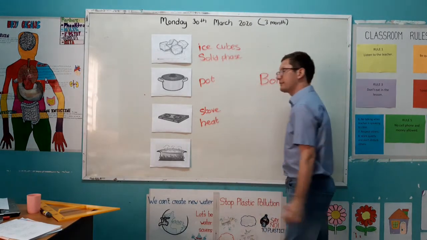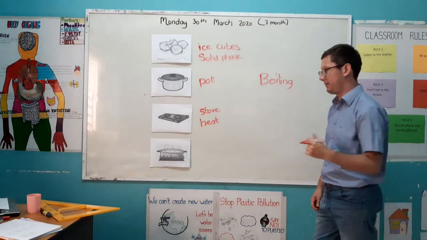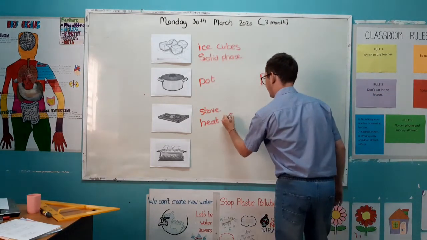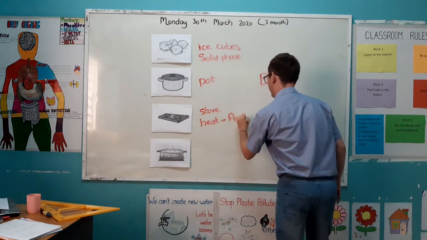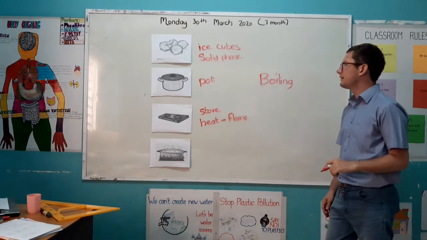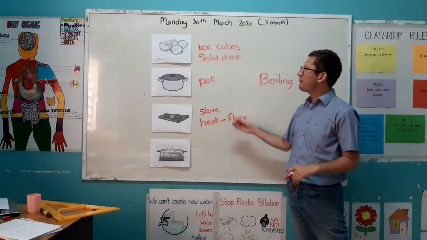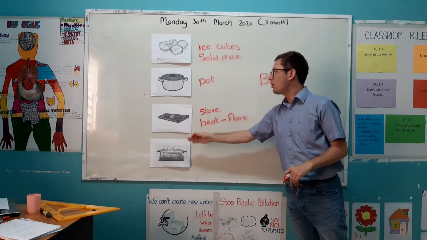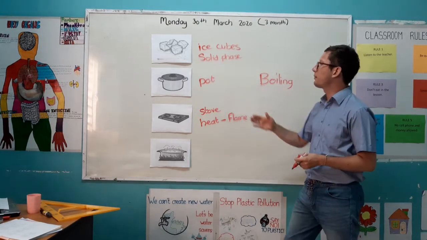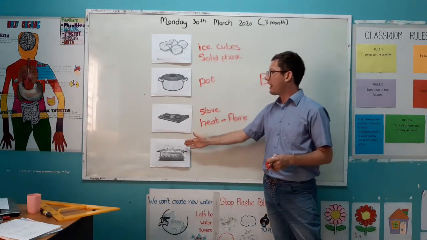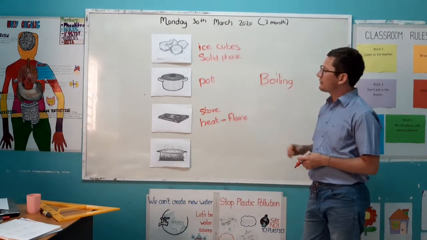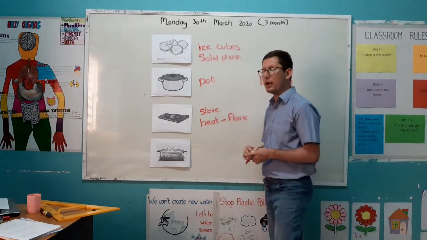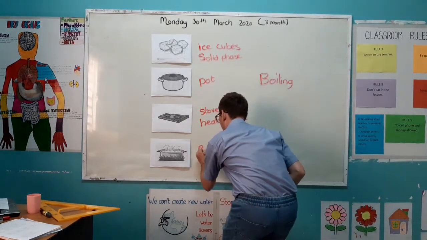Heat, and that heat is a form of a flame. Alright. And then once you have the flame, you put the pot on the stove and wait for it. Alright, so here at the bottom you have boiling water.